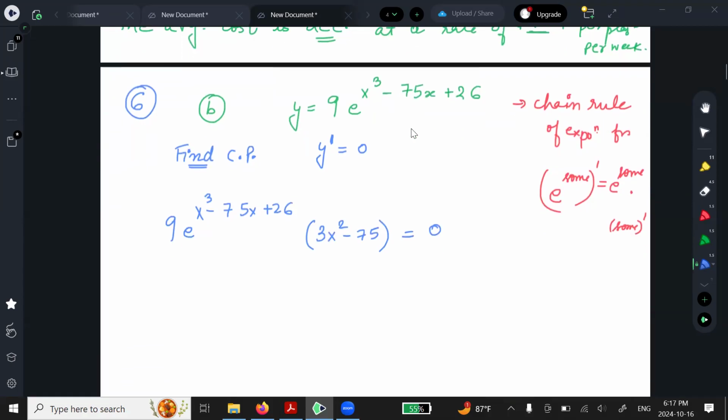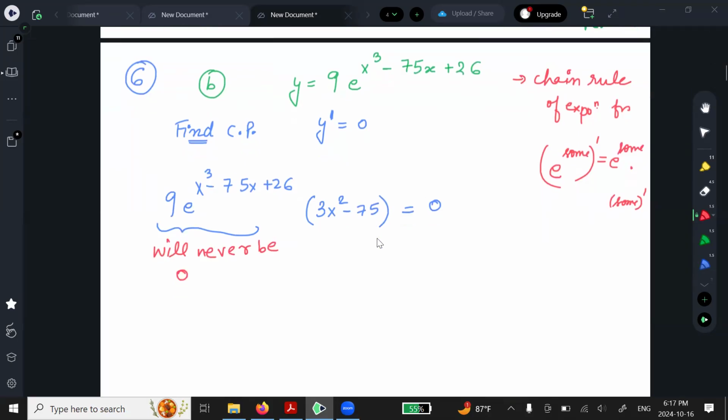Okay, good. Now, here's the catch. So don't make your life difficult in the exam. This function will never be 0. Okay, you can just divide by it and get rid of it. Every time you have to find an inflection point, a second derivative, a critical point, and you have e to the power something crazy, take it common, simplify, divide by it, get rid of that e to the power something, and make your life easy.